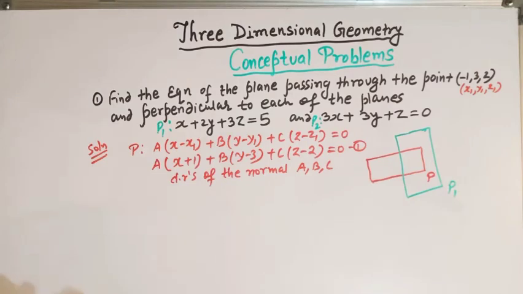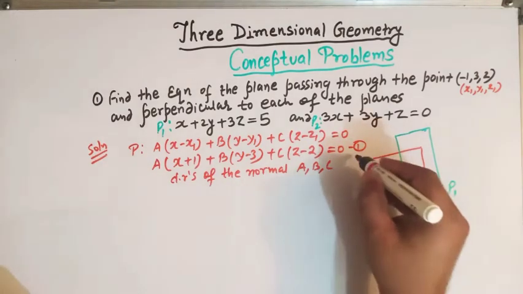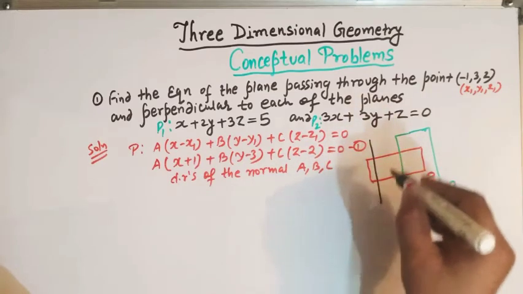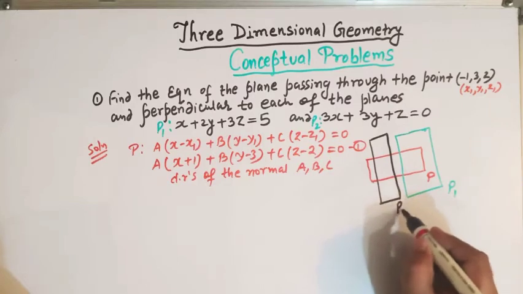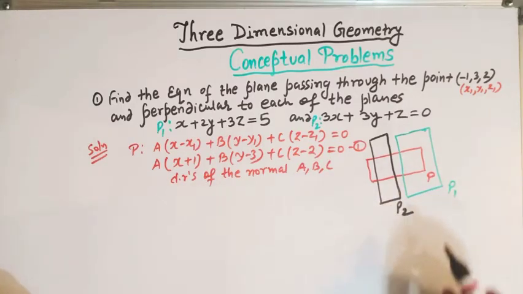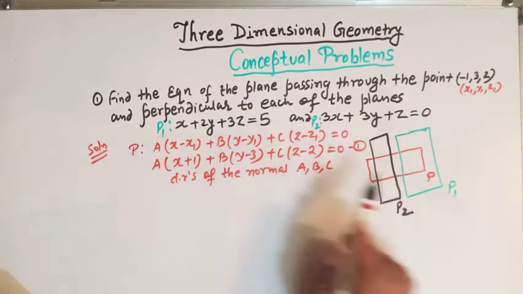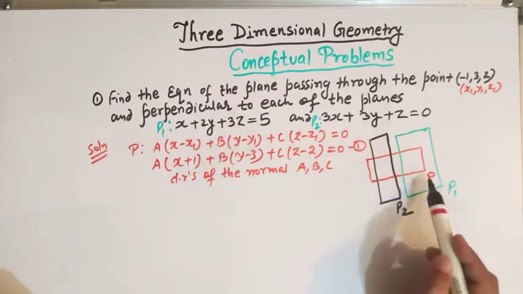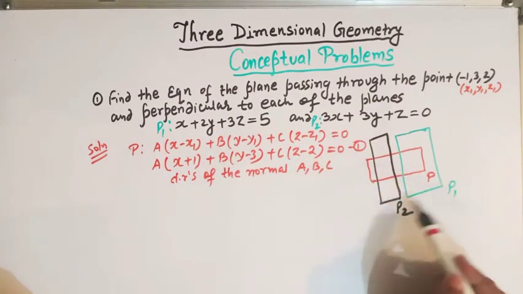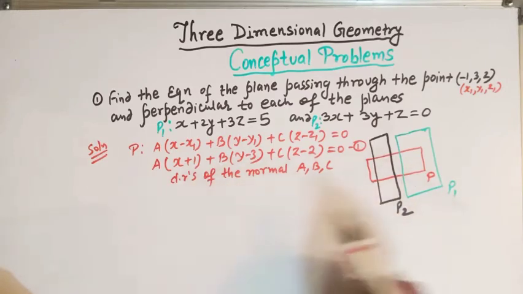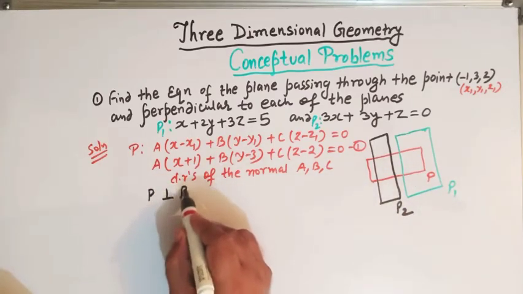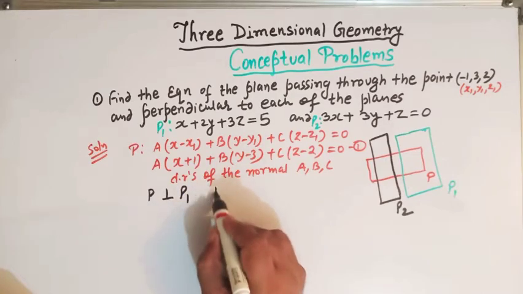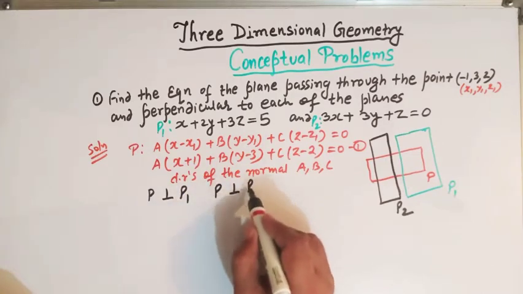Now we see that this plane P is perpendicular to these two planes. So P is perpendicular to P1 and P is also perpendicular to P2.